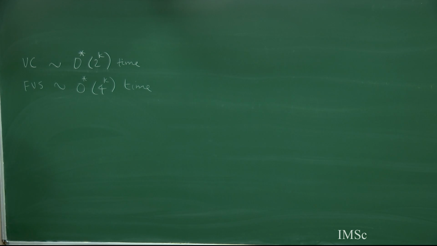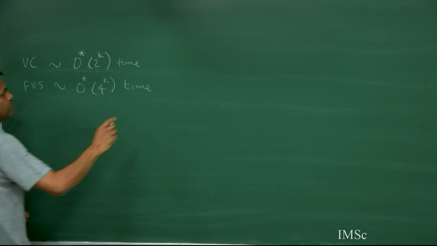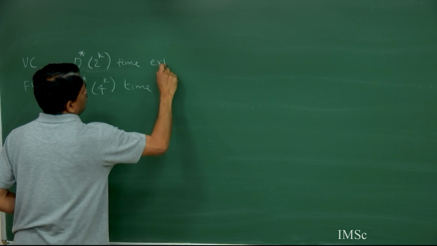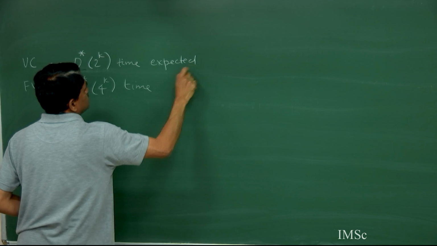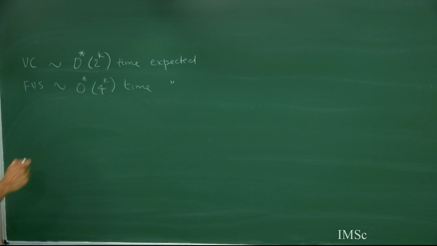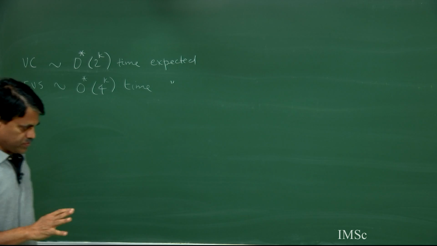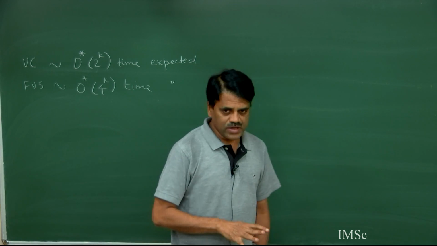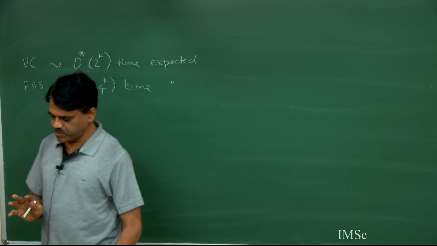And these are expected, which means that in this much time, they will produce a vertex cover or feedback vertex set of size at most k with probability at least 1 minus 1 over e. So, the idea of these algorithms is that somehow we do some randomization, something which makes the problem somewhat simpler.